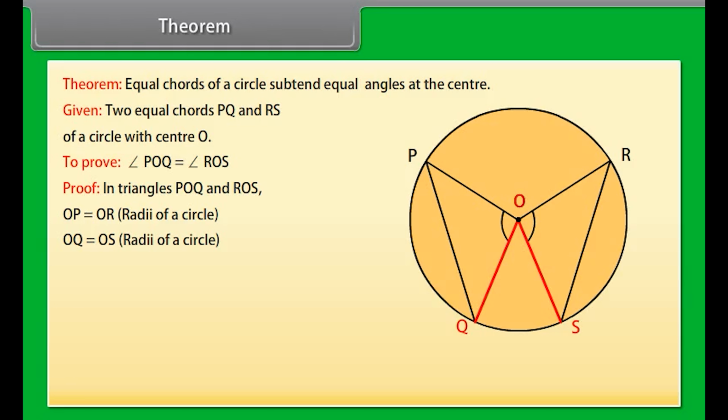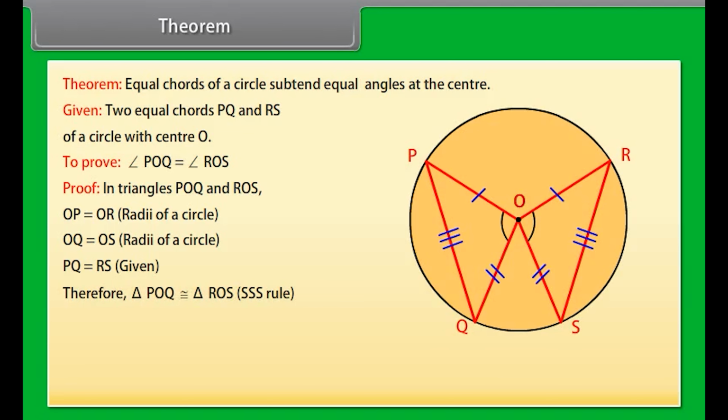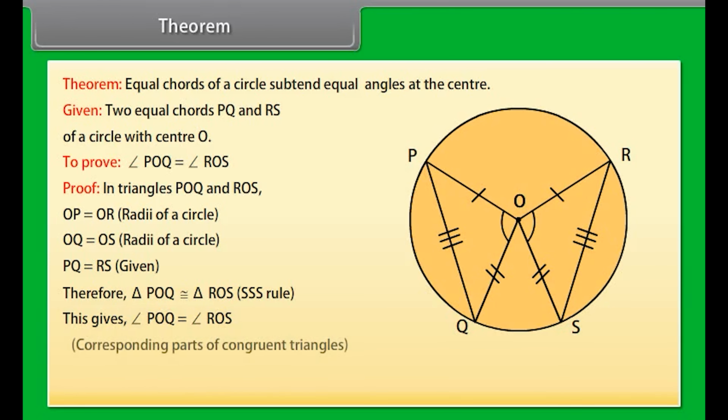OQ is equal to OS. These are also the radii of a circle. PQ is equal to RS given. Therefore, by SSS congruence rule, triangle POQ is congruent to triangle ROS. This gives angle POQ is equal to angle ROS because corresponding parts of congruent triangles are congruent.